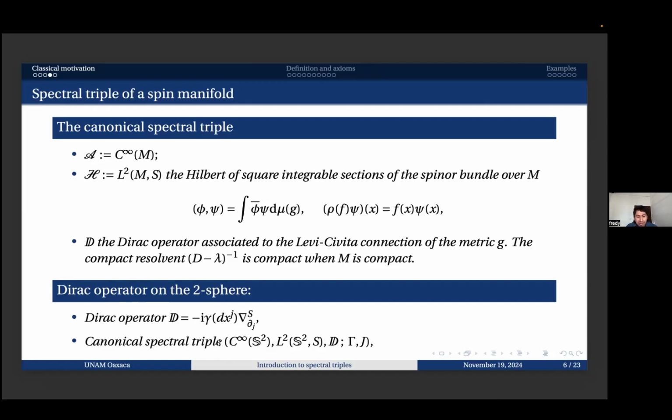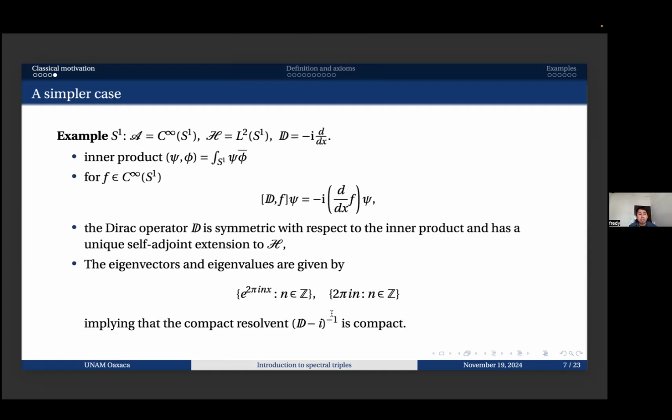So in the classical geometry, we have this canonical spectral triple. But for you, I have a more basic example. A more basic example is S1.